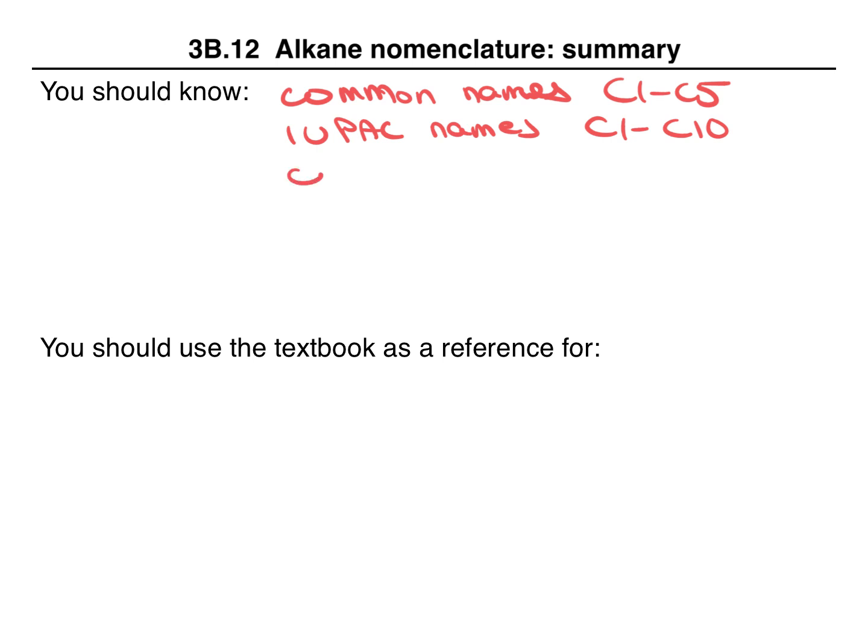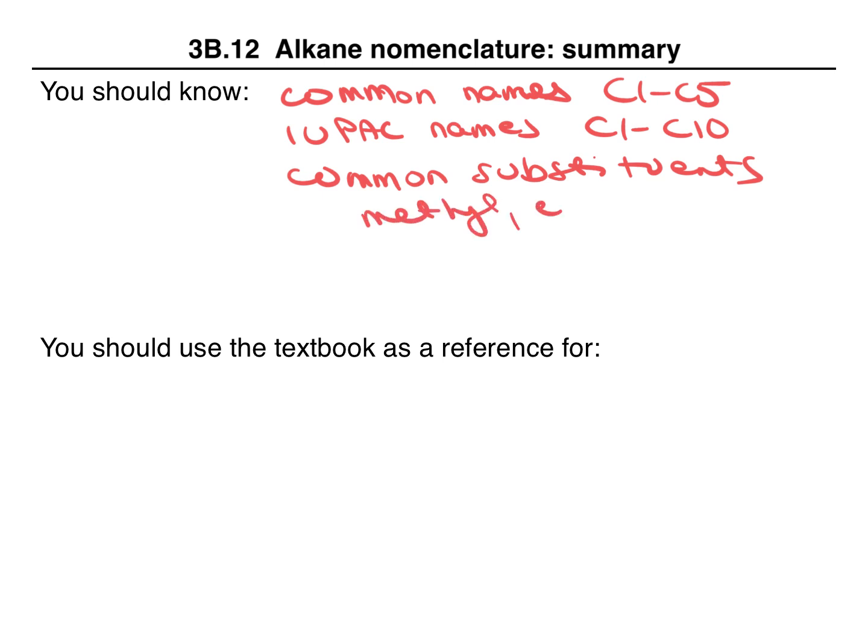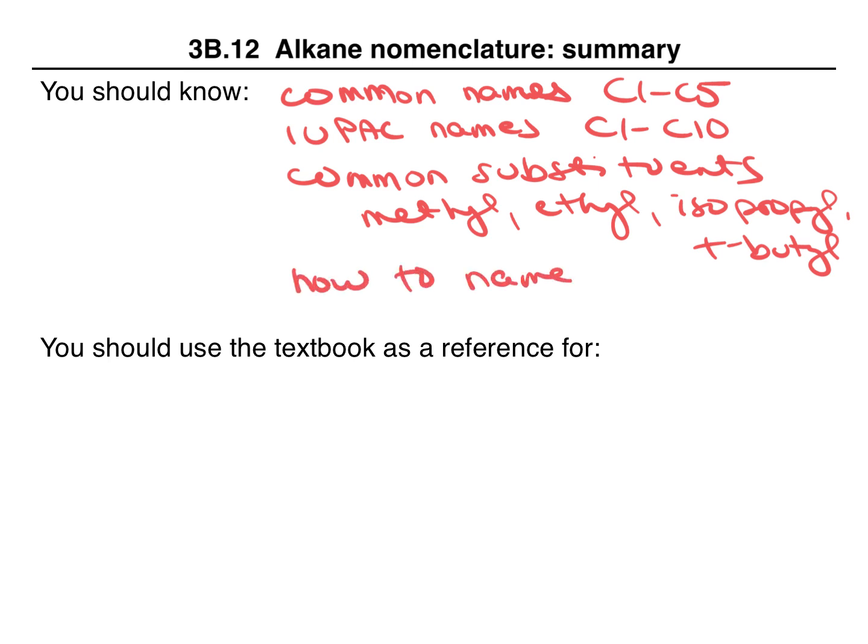I want you to know some common substituents, and what I call common would be methyl, ethyl, isopropyl, and t-butyl. And I want you to know how to name. So focus on numbering, focus on using the di, tri, etc. Include the number, then the name, and list them alphabetically.